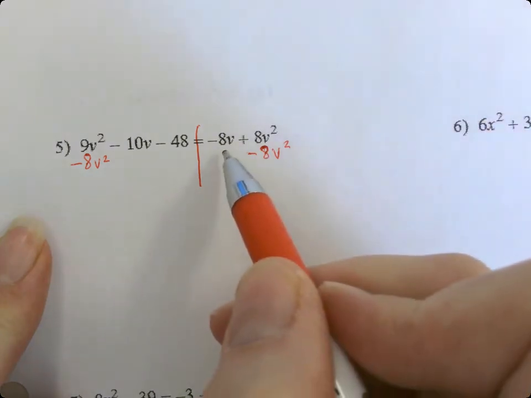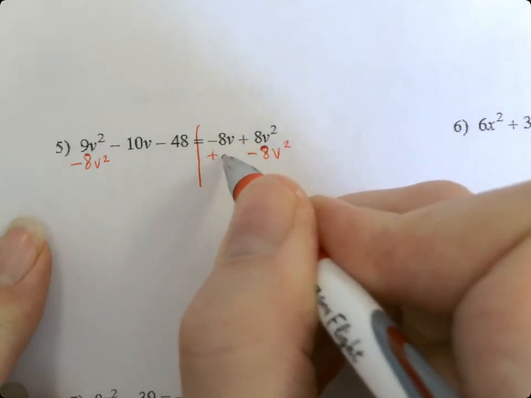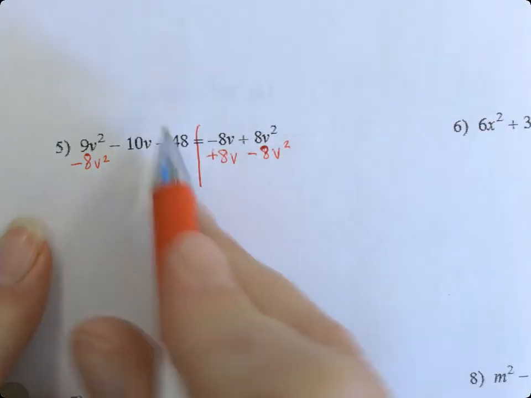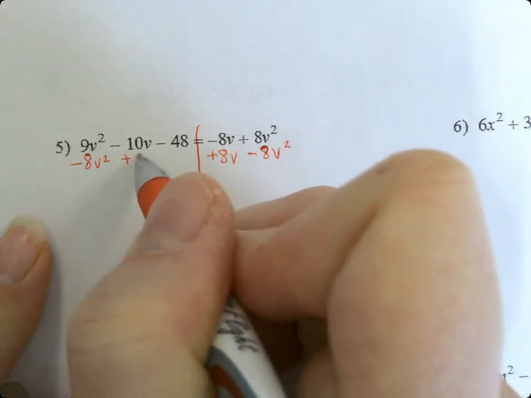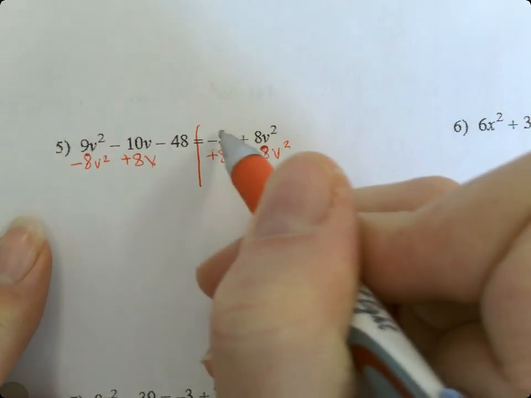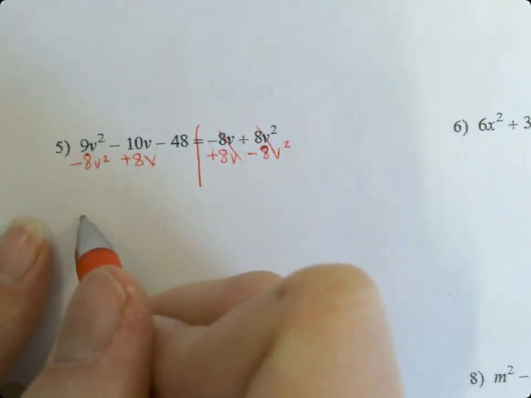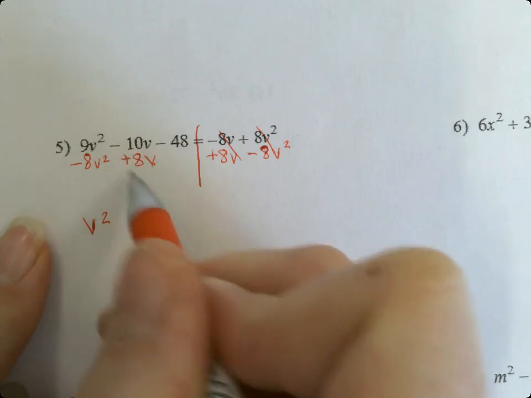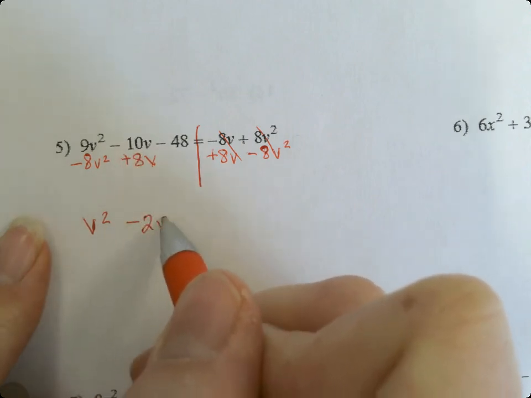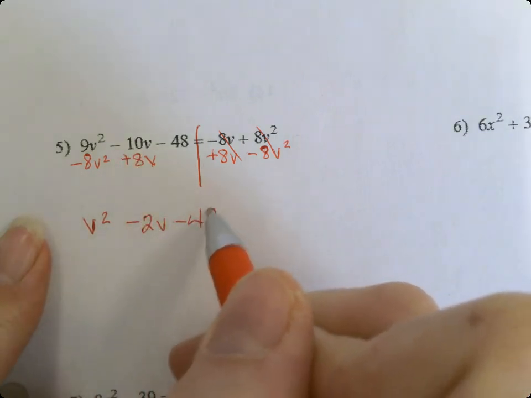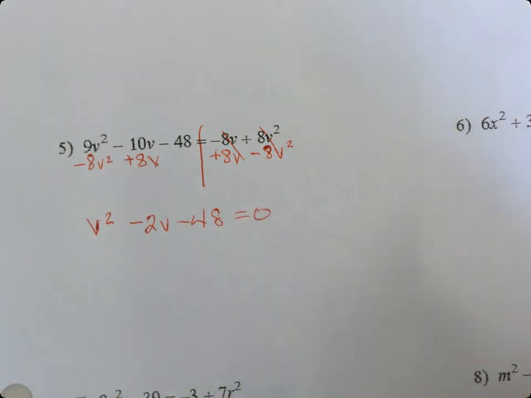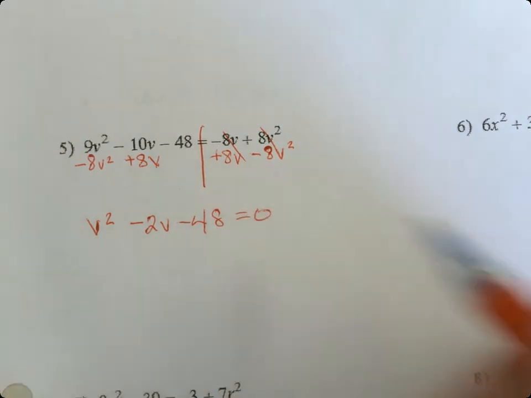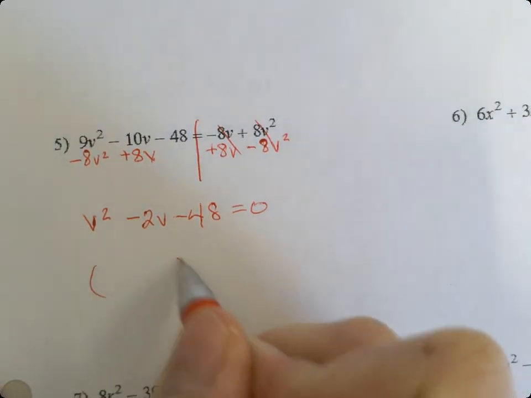I want to get rid of the -8v, so I will add it. What should I pair that with over here? With the -10v. So find your like terms. Then these are going to cancel, and I'm left with a positive v squared, a -2v, and a minus 48 equals 0.